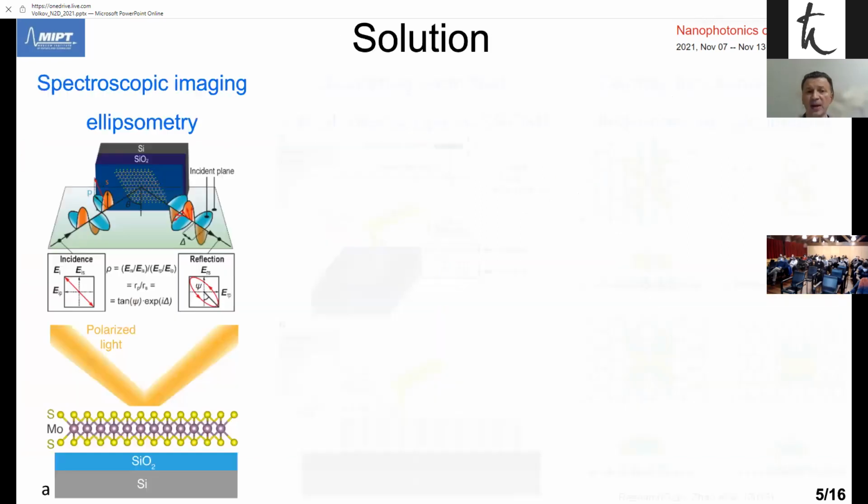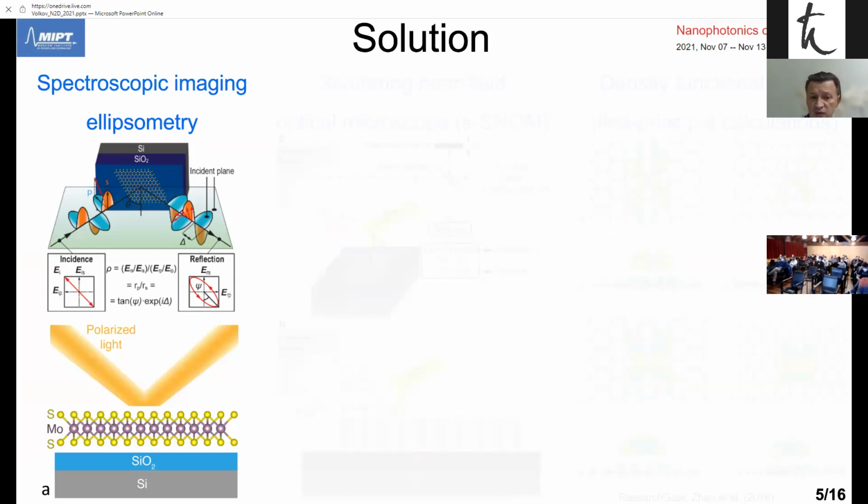So to overcome these difficulties, we actually performed so-called imaging spectroscopic ellipsometry, which is a smart hybrid of ellipsometer and microscope. So it actually enables surface characterization with lateral resolution of up to 1 micron.